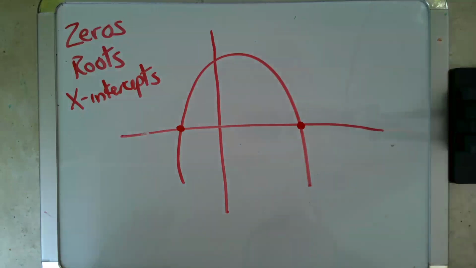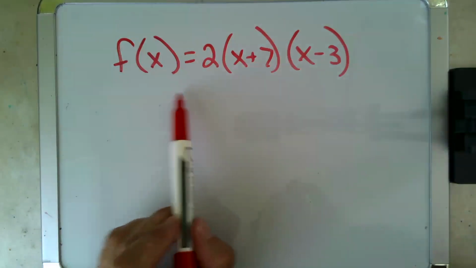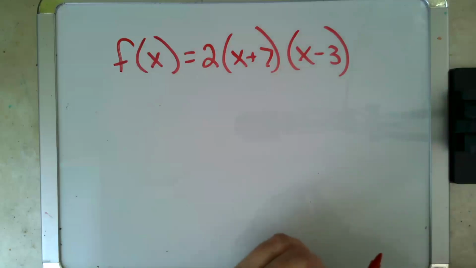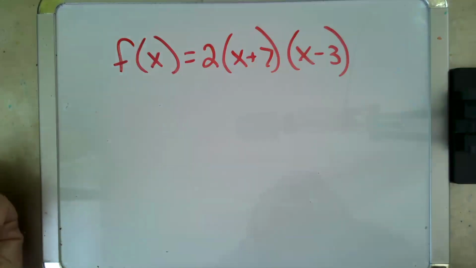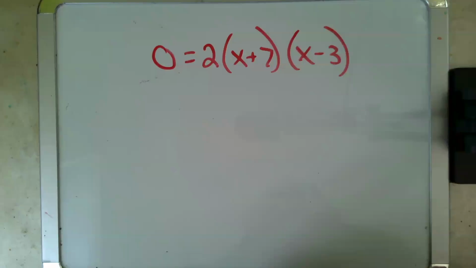So let's say you have been given this as the definition of your function, and you are asked to find the roots. Okay, so once again, the roots, the zeros, the x-intercept, they are the place where your function equals 0. So we would start by substituting a 0 there.